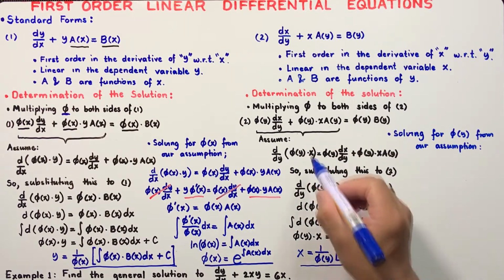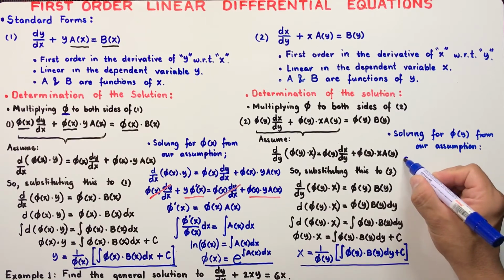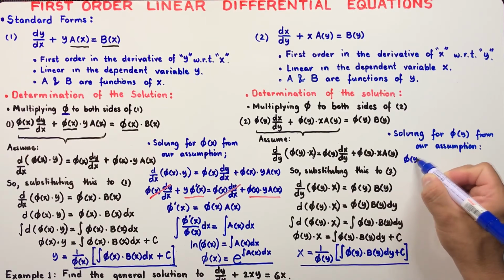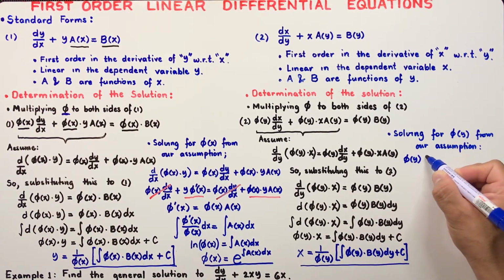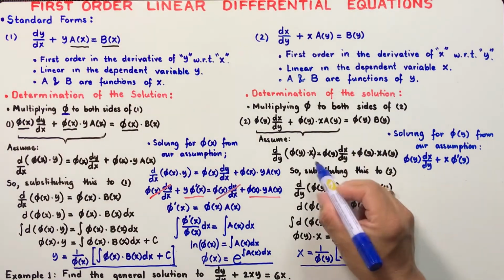So we need to find the derivative of this product with respect to y. And the derivative is phi of y times the derivative of x with respect to y here, plus x times the derivative of our phi of y, which is phi prime of y, which is equal to this one here.